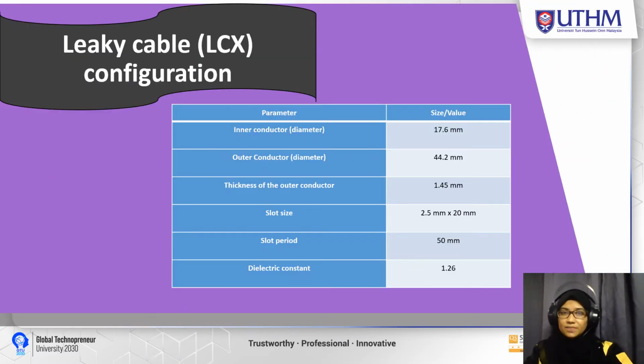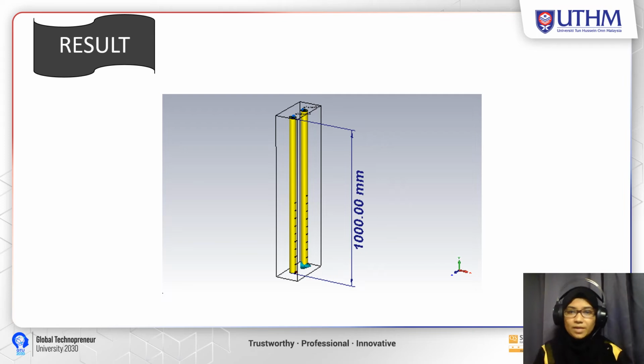This is the parameter for the leaky cable configuration that I use in CST simulation software. This is the result of the 1 meter linking cables. The 1 meter linking cable simulation is carried out to observe the induced voltage reading when the cables are 1 meter in length.